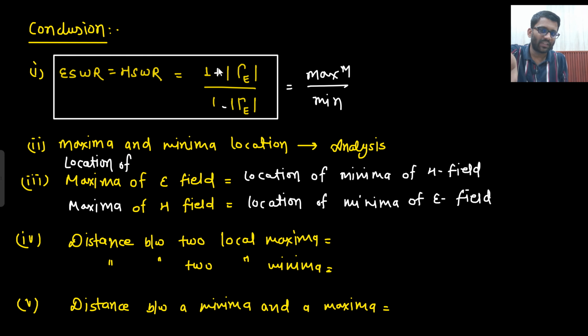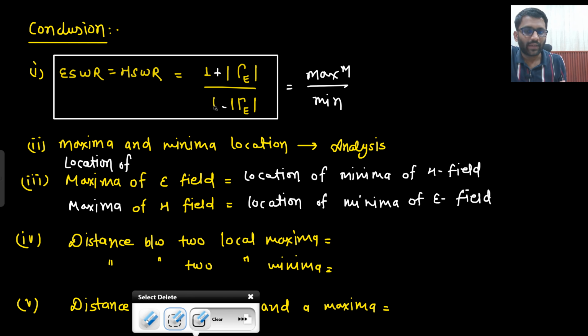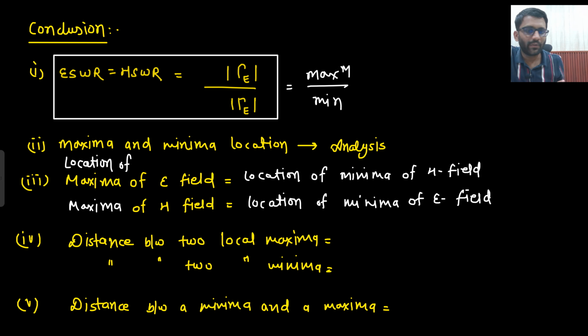So you will not confuse whether plus will come or minus will come. Obviously here plus will come, and at downward minus will come. Why at downward minus? Because that is the minimum value. So here 1 plus gamma E and 1 minus gamma E.